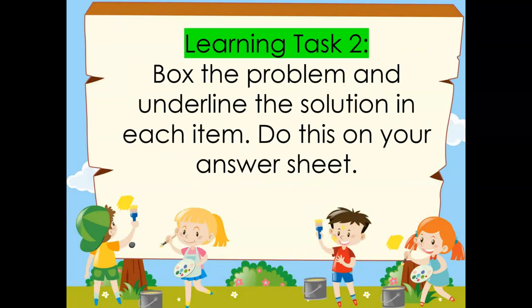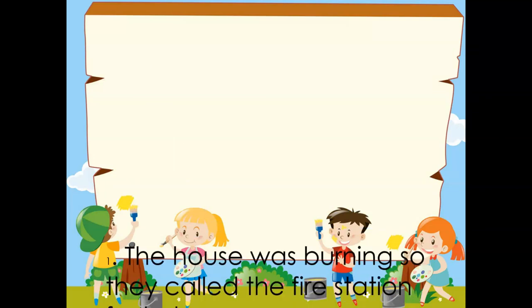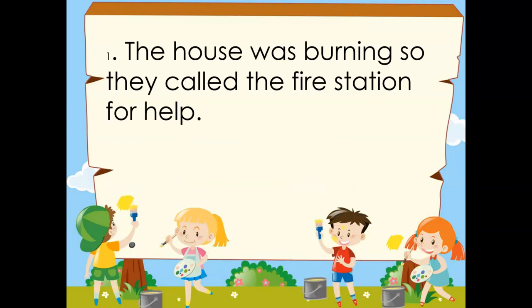Now, in learning task 2, you are going to box the problem and underline the solution in each item. You're going to do this on your answer sheet. Okay? What are we going to do with the problem? We are going to box the problem and underline the solution. Okay? So, number 1, the house was burning, so they called the fire station for help.